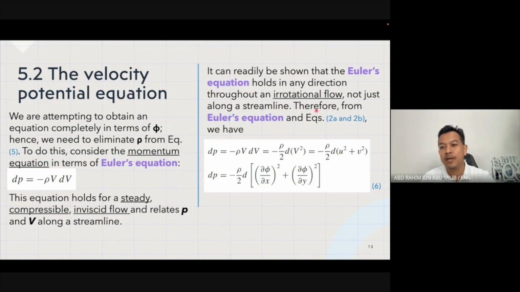Okay, so therefore from Euler's equation as well as from the velocity components in Cartesian form, 2A and 2B, we can have this expression.